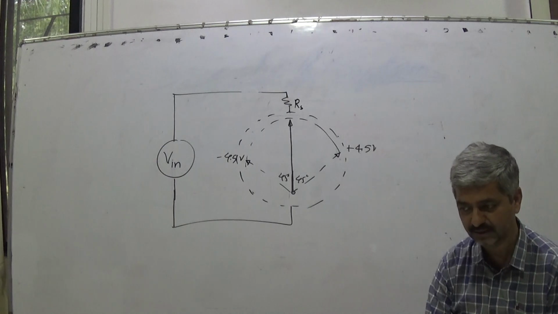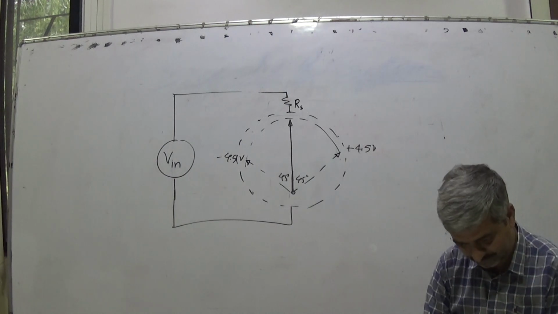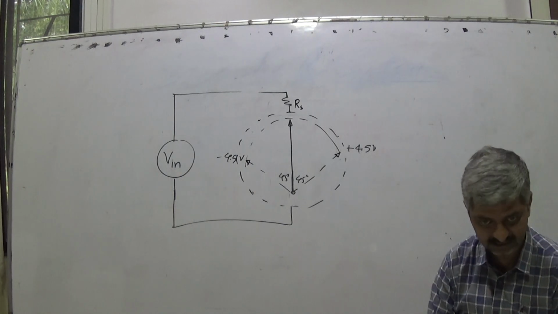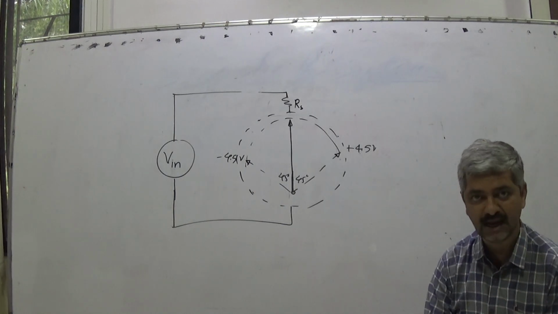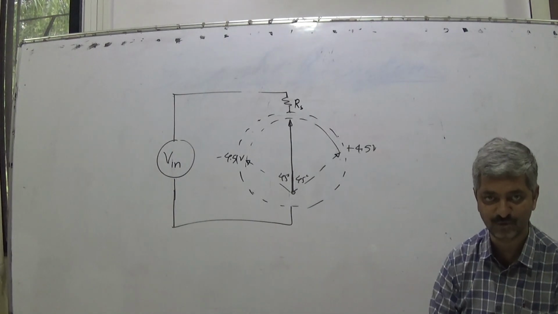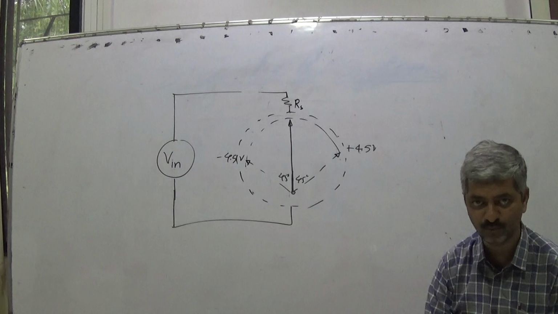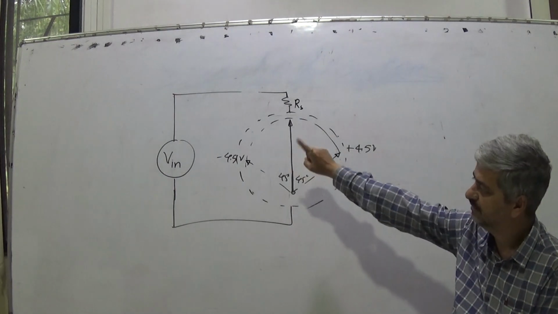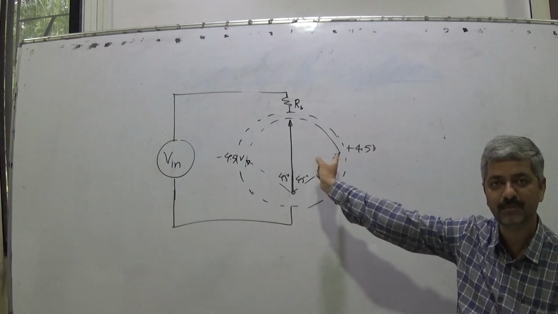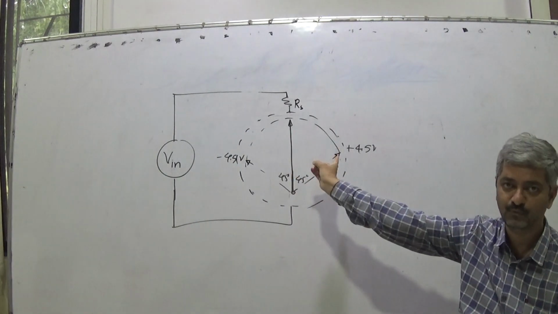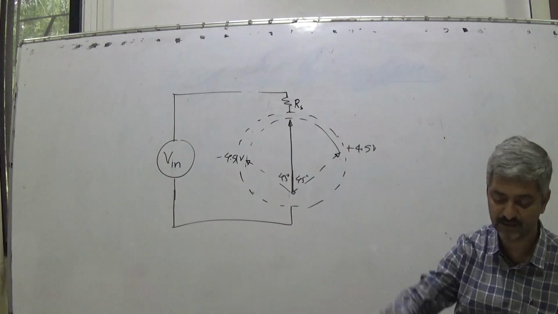When we apply voltage to it, there is a series resistance, so some current flows, and the pointer of the moving coil galvanometer moves appropriately in a proportionate manner with reference to input voltage.